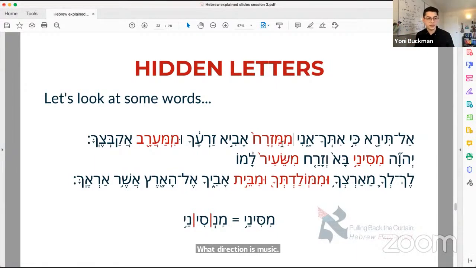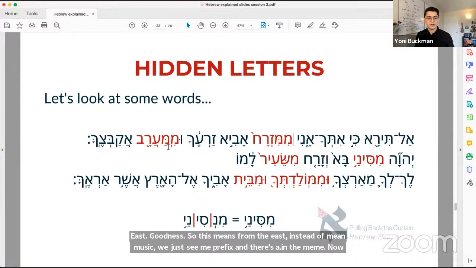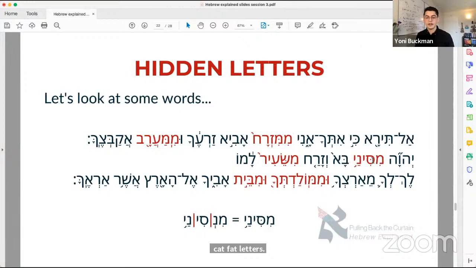And so this has to be a dagesh chazak. So what is this dot doing in there? It's hiding, it's hinting to that lost nun. Same thing from mima'arav, from the west. In the second mem, you have the dagesh chazak. Same thing here, Adonai mi-Sinai ba, okay? From what's Sinai?